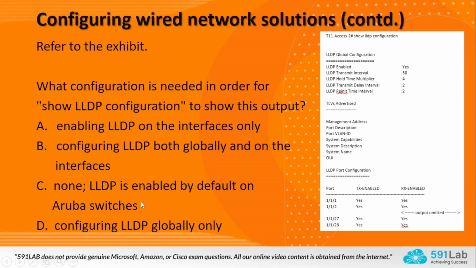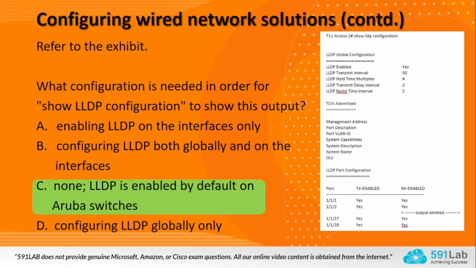Yes, that should be the correct answer. Configuring LLDP globally only. I didn't configure anything, so that's wrong too. The switch was showing this output when I issued show LLDP configuration, so LLDP is enabled by default on Aruba switches. Correct answer is C.